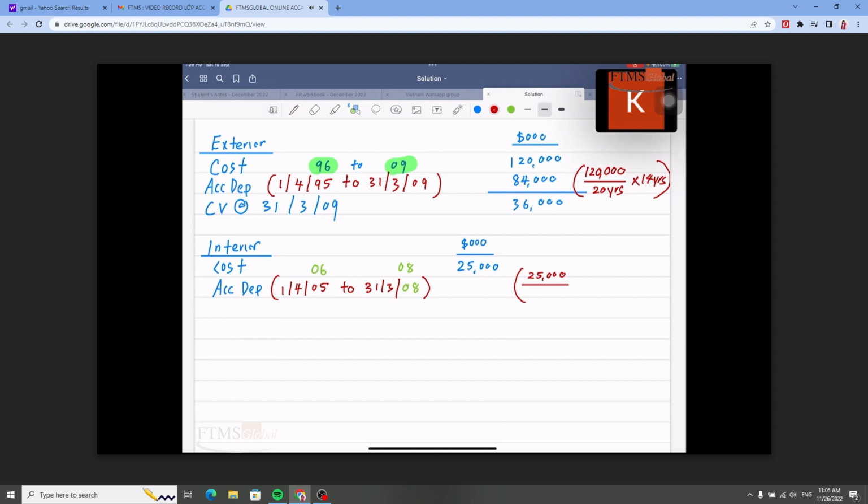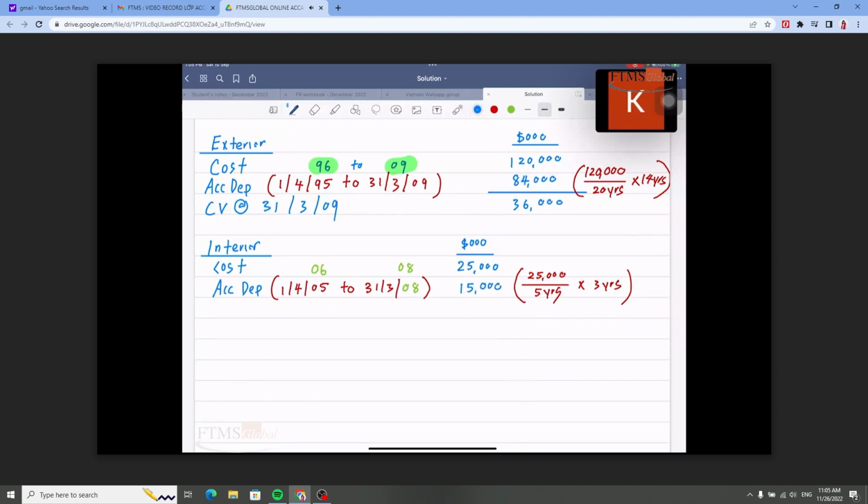Interior is 5 years. Then times 3, right? 3 years. So 5,000 times 3, I will get 15,000.